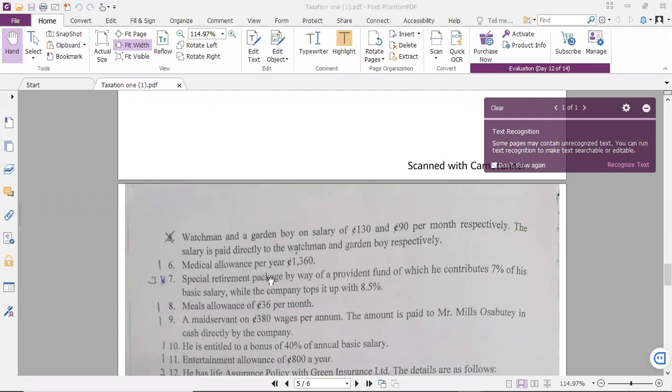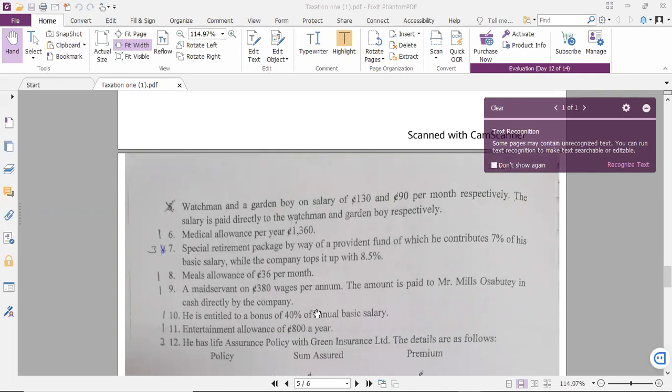There is a medical allowance per year of 1,360. And a special retirement package by way of a provident fund, of which he contributes 7% of his base salary, while the company tops it up with 8.5. Meals allowance of 36 per month.